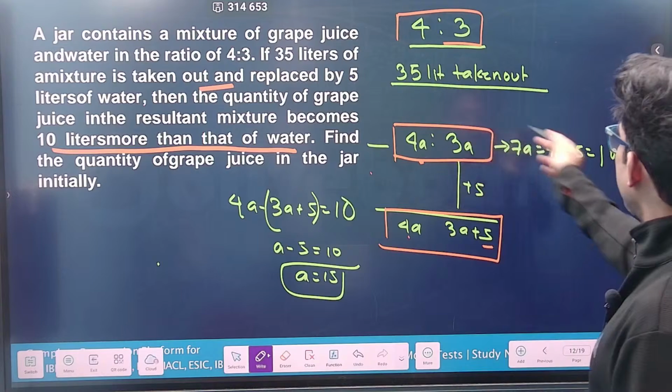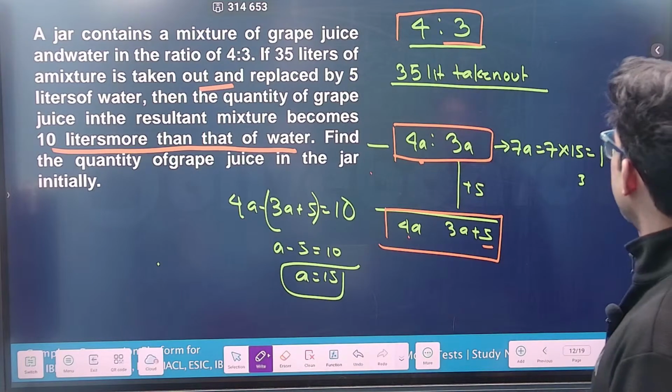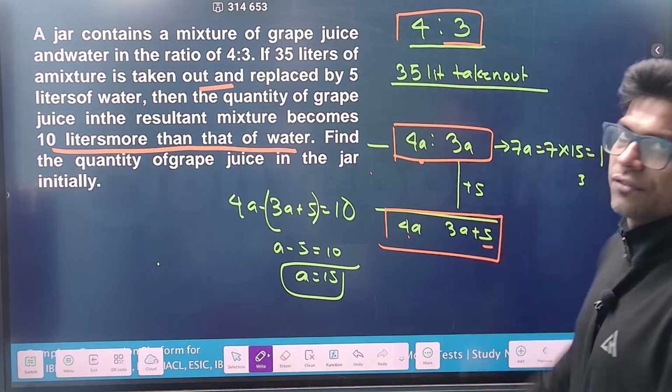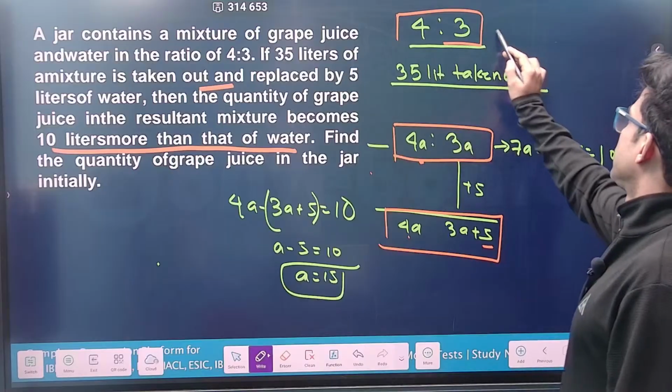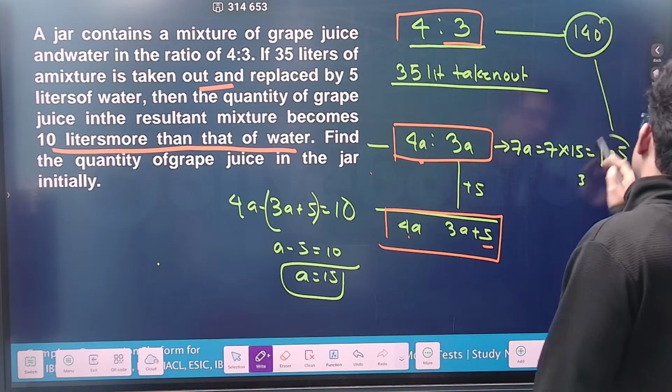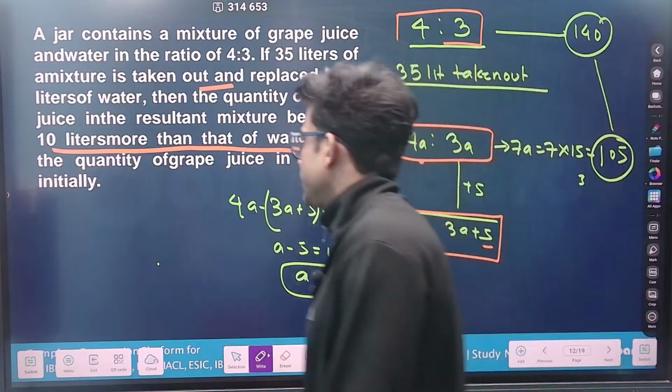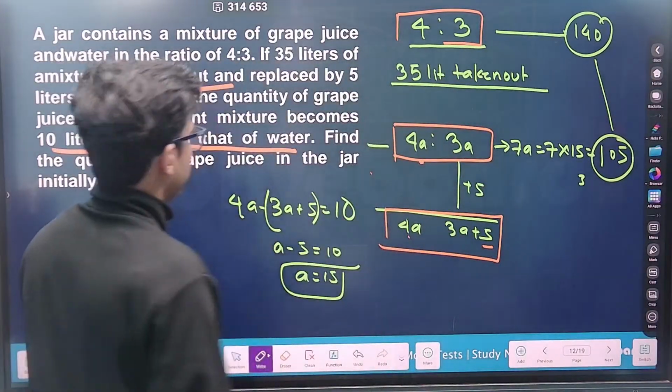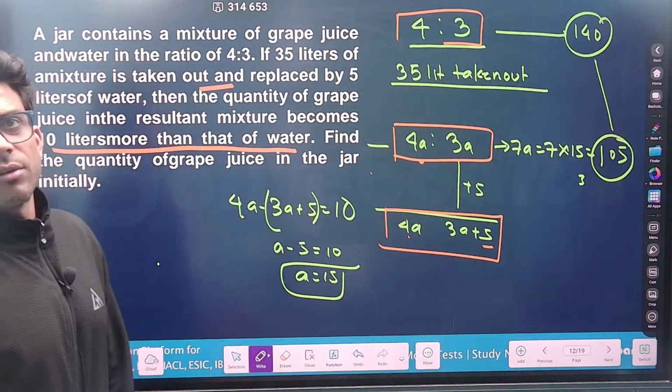This is after taking out 35 liters. If you add back the 35, it becomes 140. Correct or not?